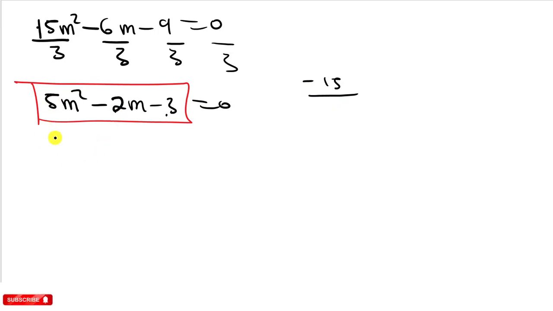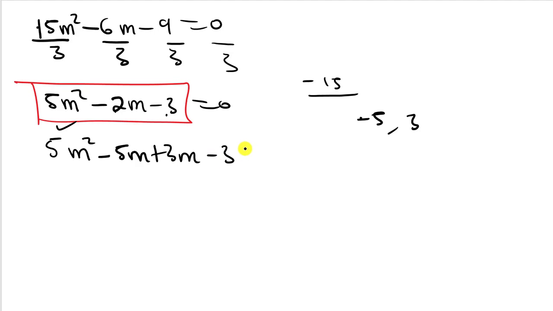Okay, so we are going to have our 5m squared. In fact, the two numbers that we are going to use are negative 5 and positive 3. All right, so we bring our first term, that is the 5m squared. Then we bring our minus 5m plus 3m minus 3 is equal to 0. So you pick your first two terms, you factorize. 5m is common, so 5m, you open your bracket, you are going to be left with m minus 1.